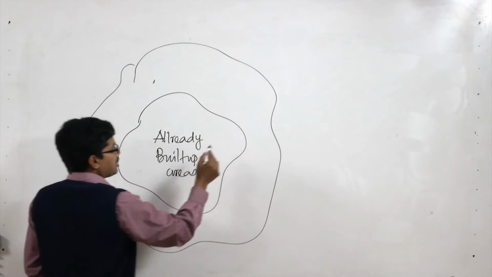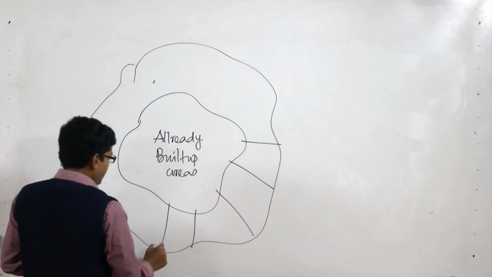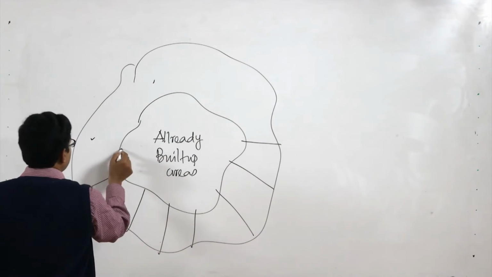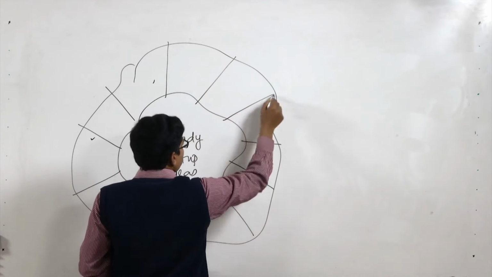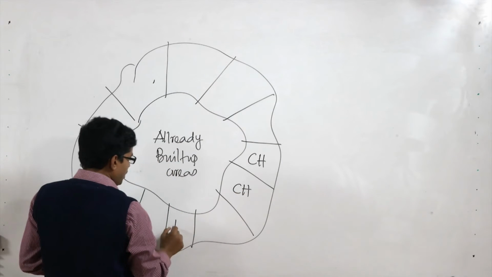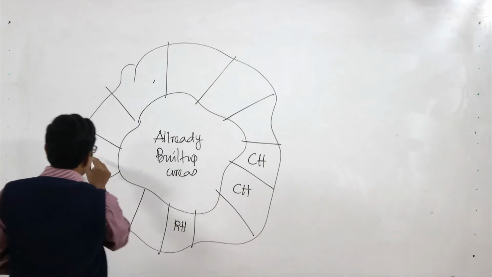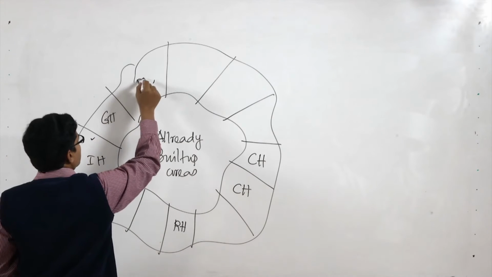As per the housing strategy, the major land pockets are already identified. For example, these are going to be cooperative housing, these rental housing, or institutional housing, or simply group housing, or plotted housing.